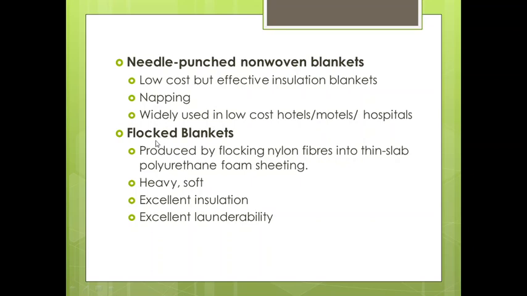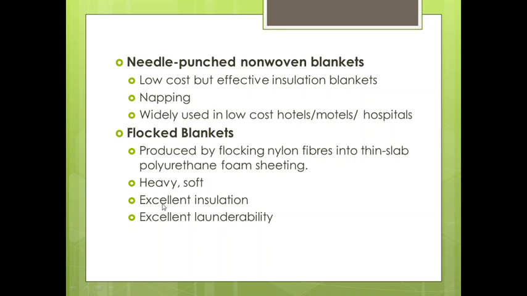And the last category in blankets is the flocked blanket, and these kinds of blankets are produced by flocking nylon fibers onto thin slab polyurethane foam sheeting. The feel of the blanket, because of this polyurethane foam sheeting, is soft, but heavier due to the flocking of nylon on it.